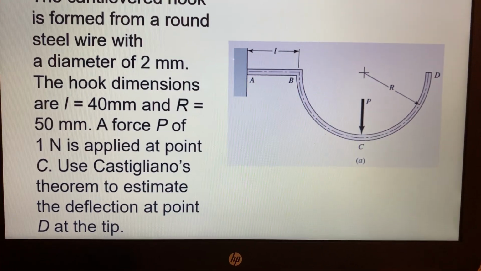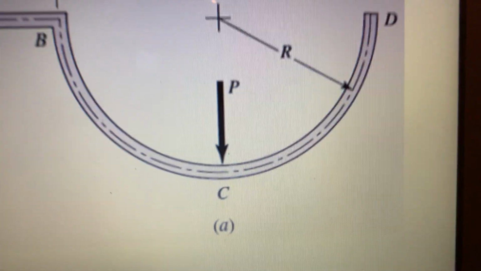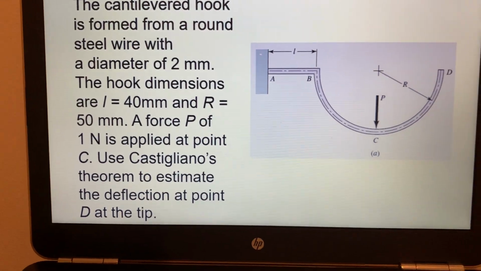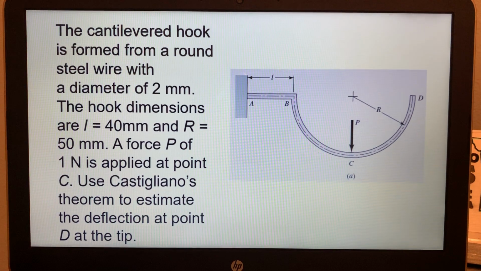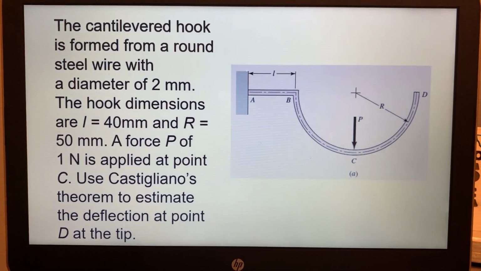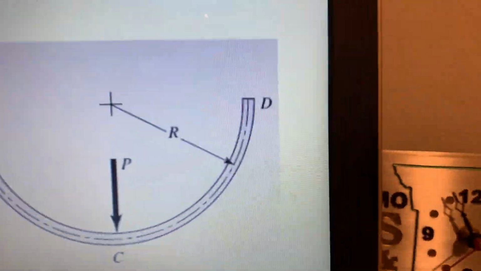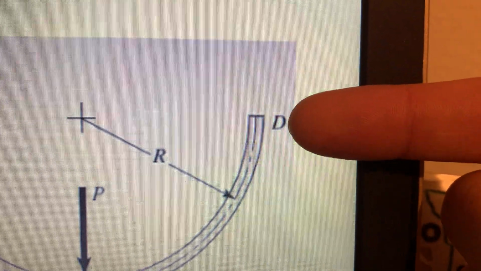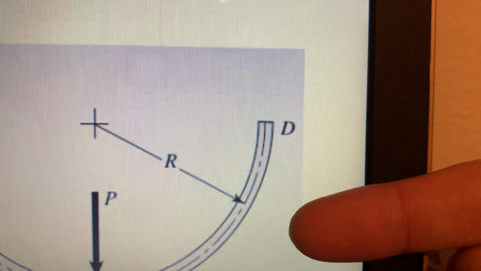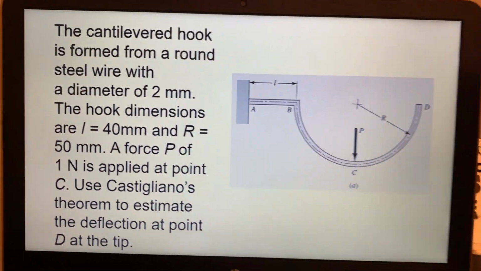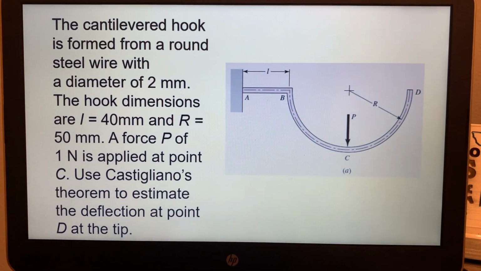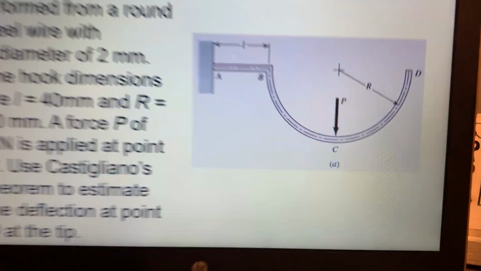Force P of 1 Newton is applied at point C. Use Castigliano's theorem to estimate the deflection at point D at the tip. So we're trying to find the deflection at this point D. That's going to deflect down. So we're going to use Castigliano's theorem to find that deflection.